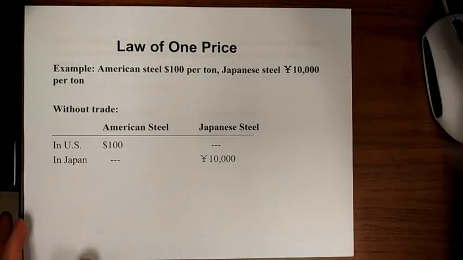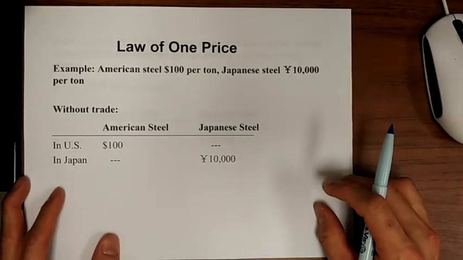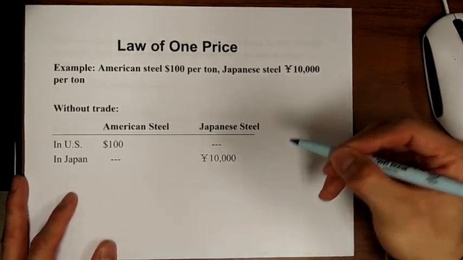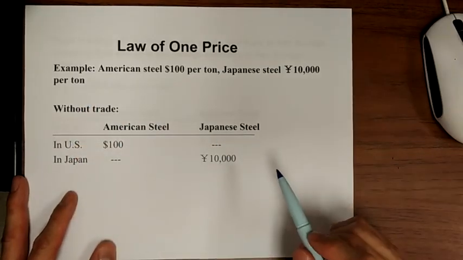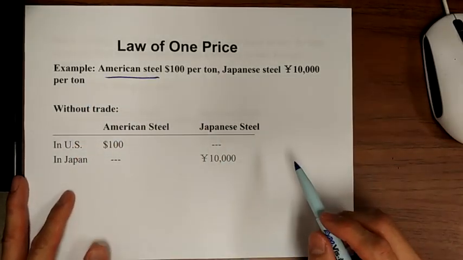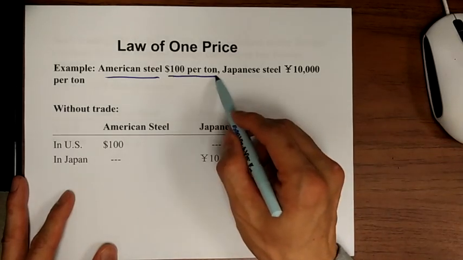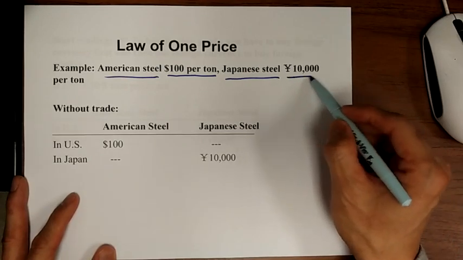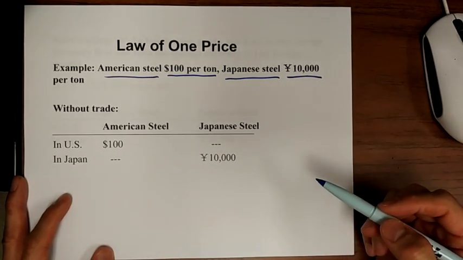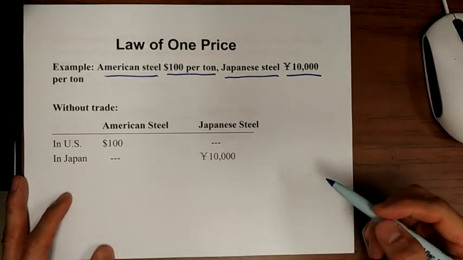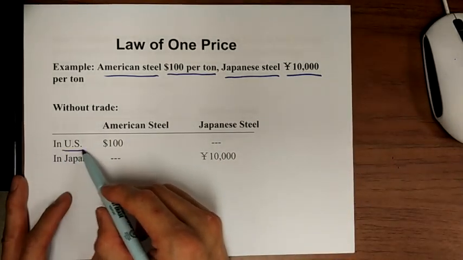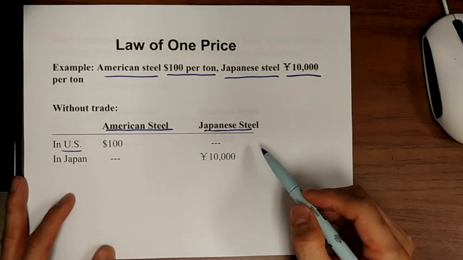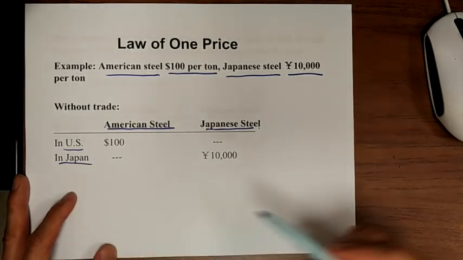Now, that's the basic idea. Let me give you a specific example. We want to go through this example because we want to do the exercise again and again. Say for example, American steel costs $100 per ton. Japanese steel costs 10,000 yens per ton. Suppose that there's no trade. So Americans can only buy American steel in the US. Japanese can only buy Japanese steel in Japan.